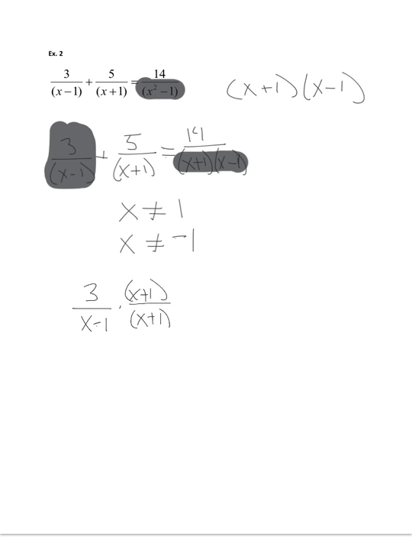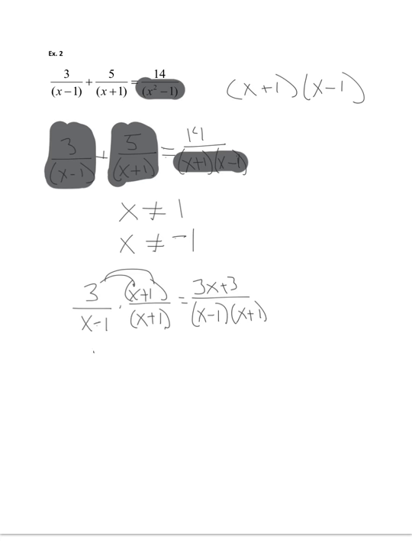When we multiply fractions, we multiply straight across. So I need to distribute the 3. And we get 3x plus 3 over my common denominator of x minus 1 times x plus 1. But what can I now do to the second term to get a common denominator of x plus 1 times x minus 1?